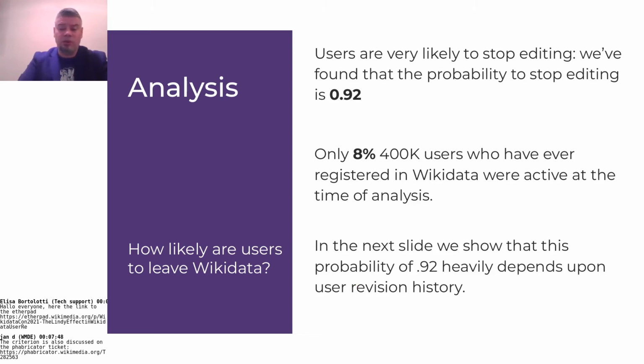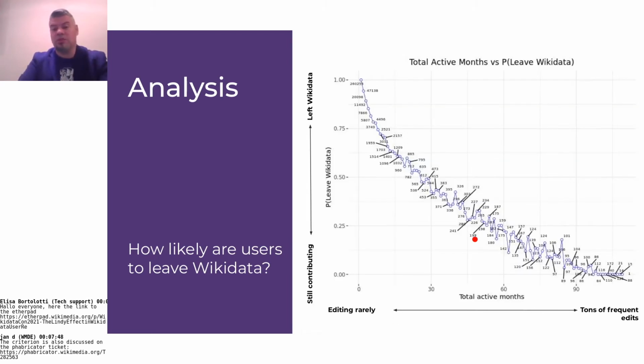So I will show you now something which is really important, and that is, we need to understand this relationship. This is in relation to the Lindy effect, and not quite a formulation of the effect in itself, because that effect is mathematically very, very specific. It has a very precise definition. So here on the horizontal axis, you have the number of total active months per user account.